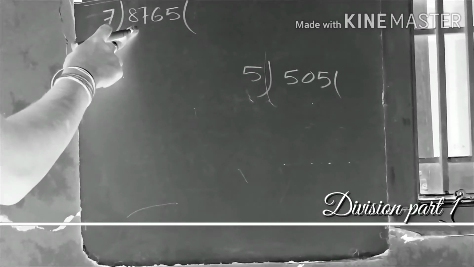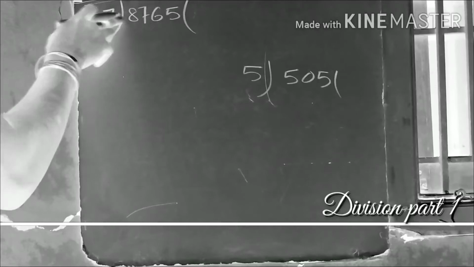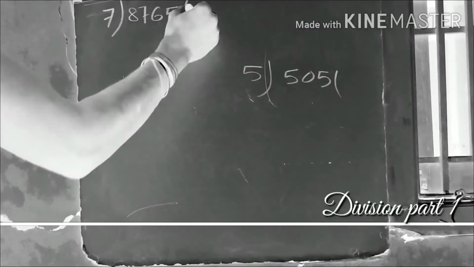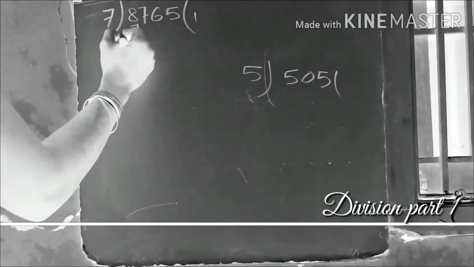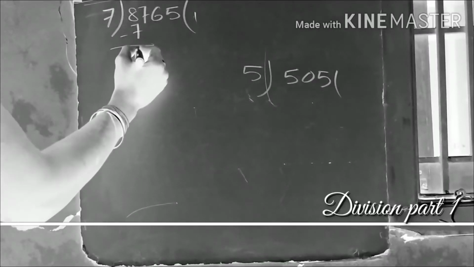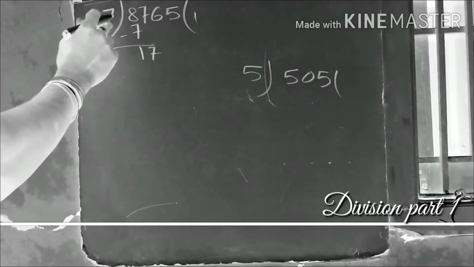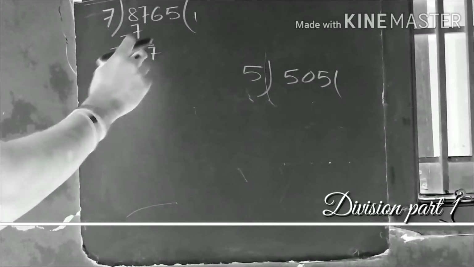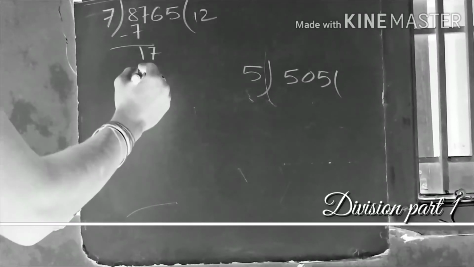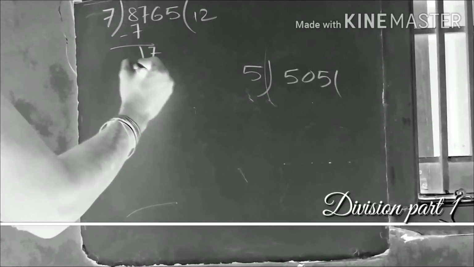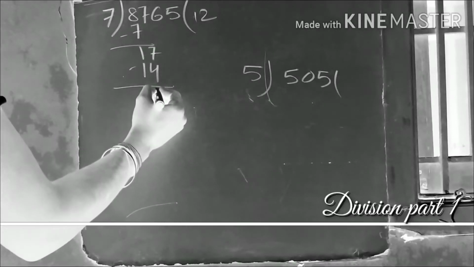This is 8, so 8 is greater than 7. So one digit is enough. One time 7. Subtract, 8 minus 7, 1. This becomes 17. 17 containing 7, 2 times, how much? 2 times 7 is 14. Subtract it, 7 minus 4, 3.